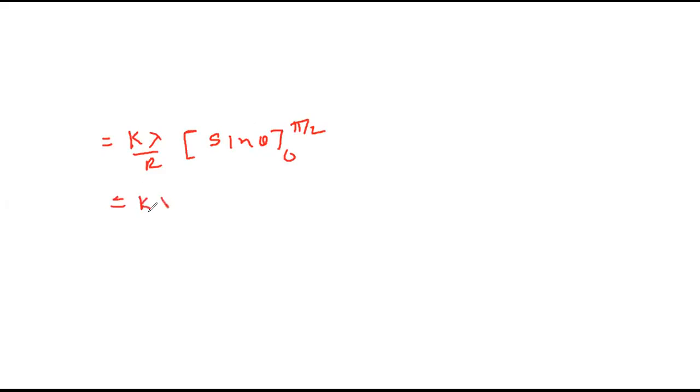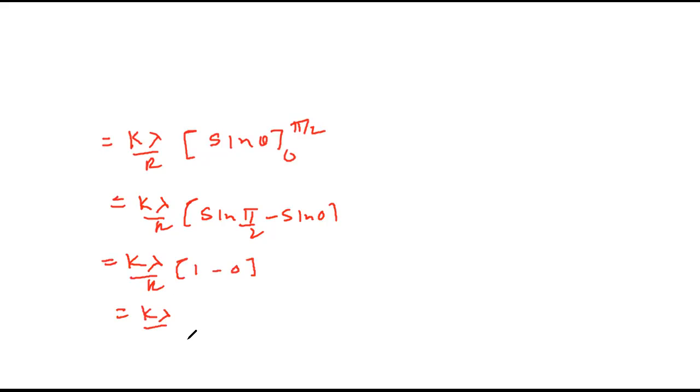So it is k lambda by r, sine of pi by 2 minus sine of 0. That is k lambda by r, sine 90 is 1 minus sine 0 is 0. So k lambda by r, we got Ex.